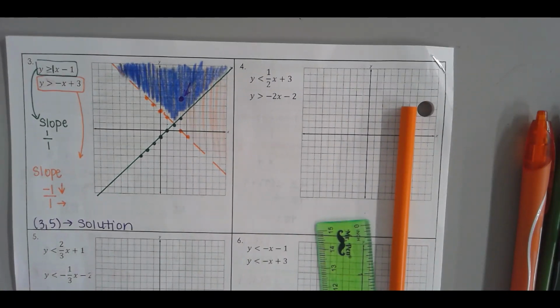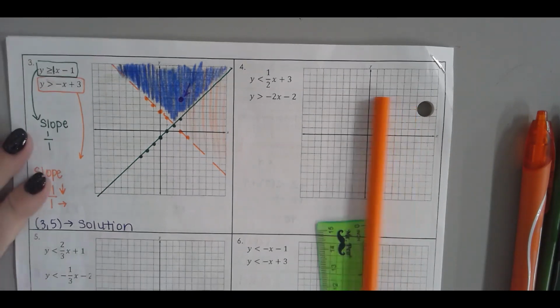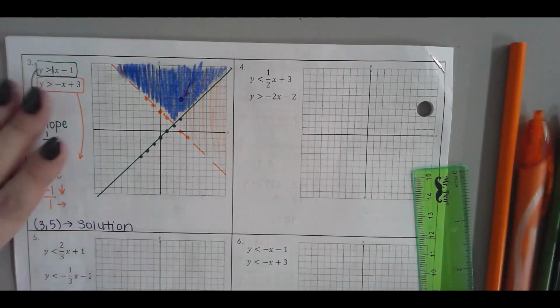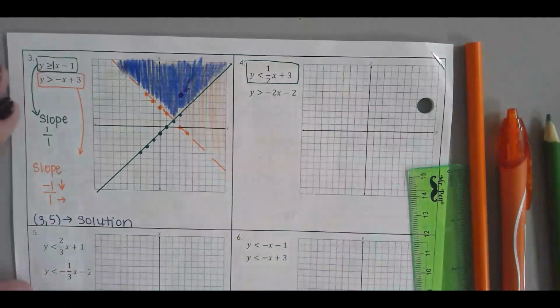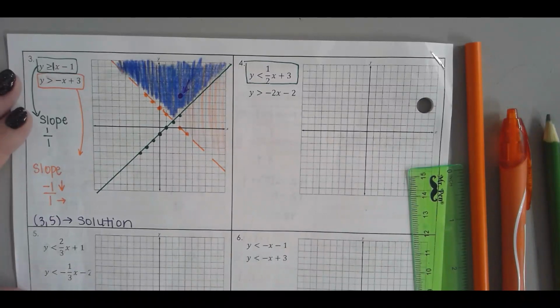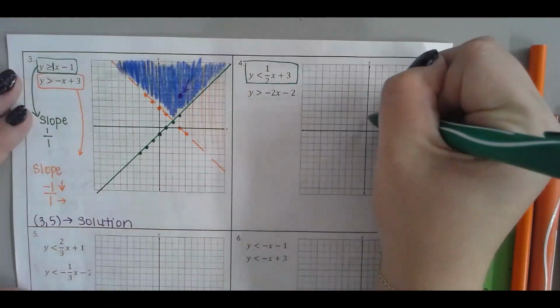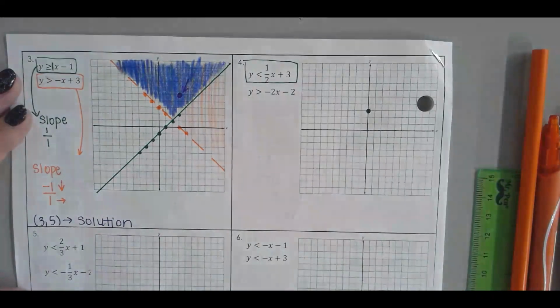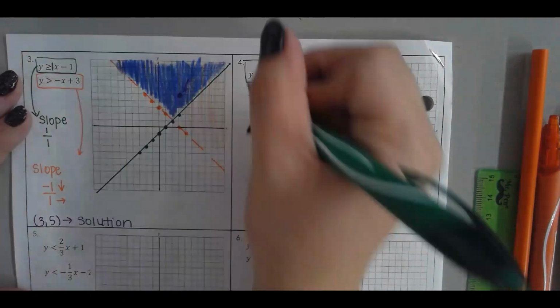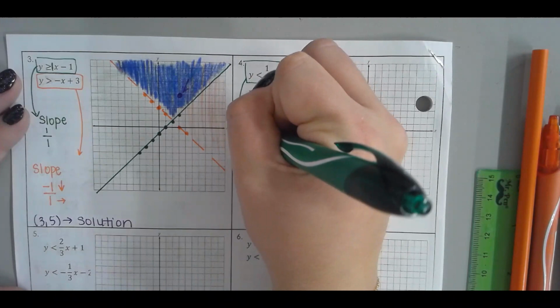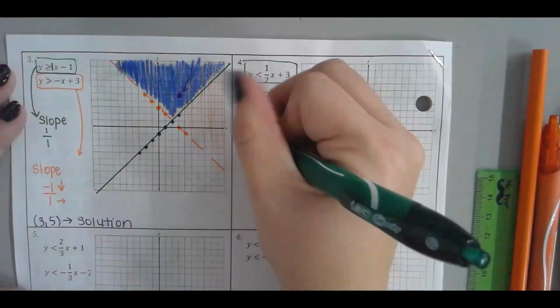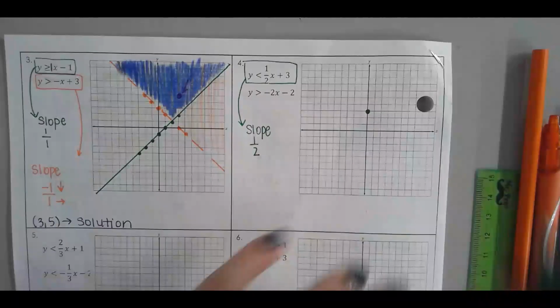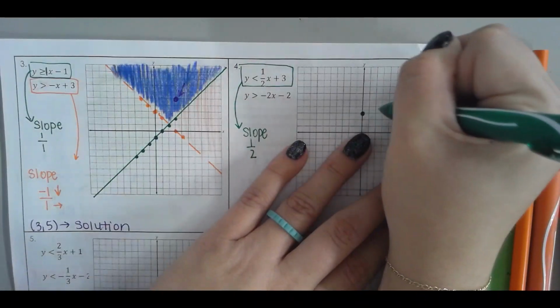Are you ready for number 4? Obviously. We got this. Okay, good. So number 4, the first line has a y-intercept of what? Plus 3. And a slope of 1 over 2. So I'm going to count up 1, right 2.